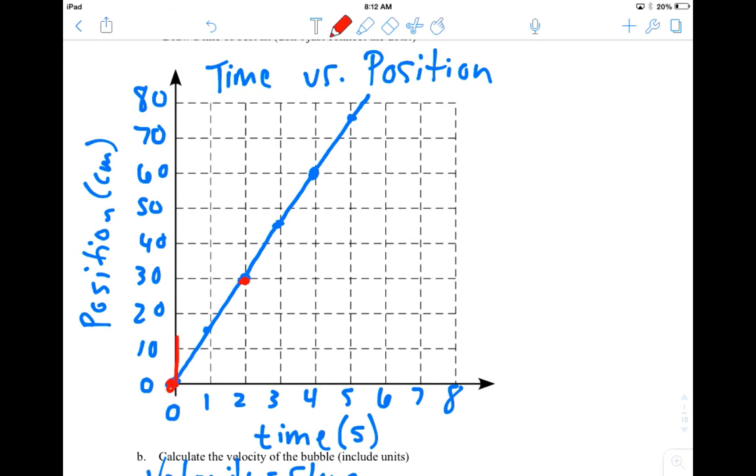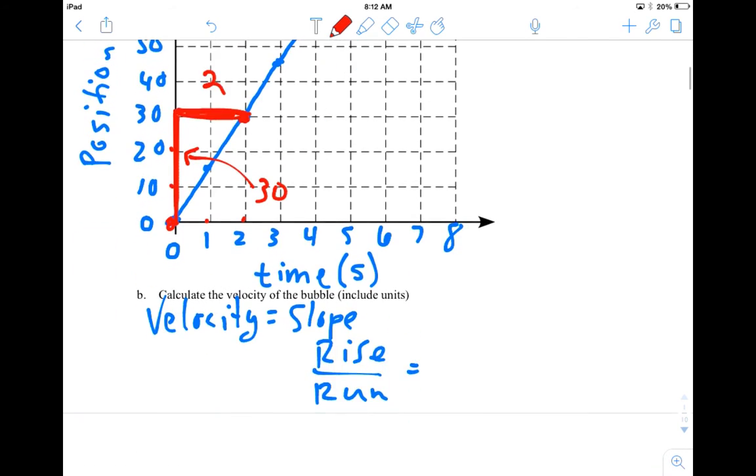So my rise, remember that this is 3 spaces, but it's not really 3. It's 10, 20, 30, okay? So my rise is 30. Now my run, here the spaces really are 1 each, so it's 1, 2. Okay, so my rise over run is going to be 30 divided by 2. I'm going to write one more thing on there, see how it says include units?